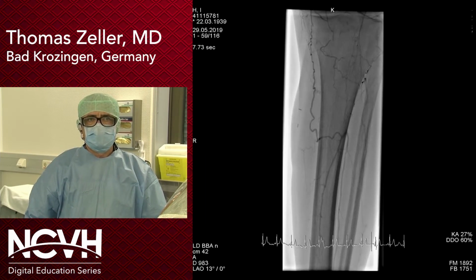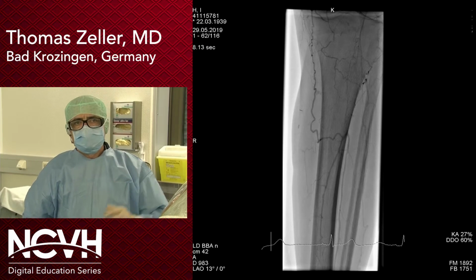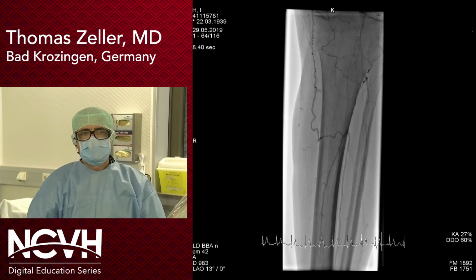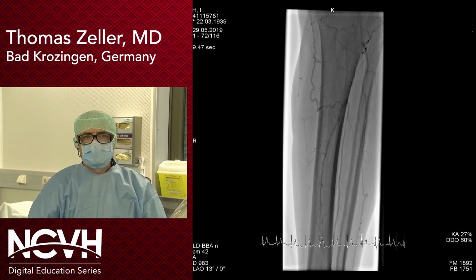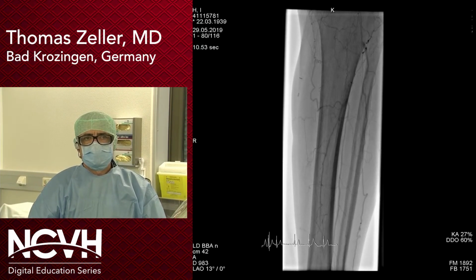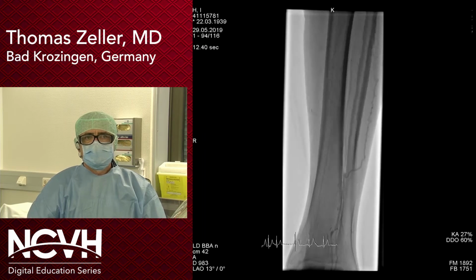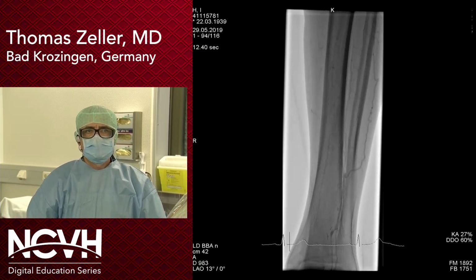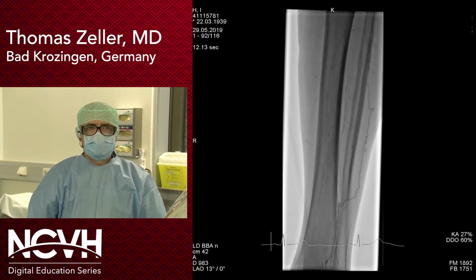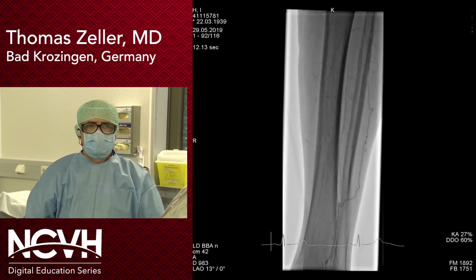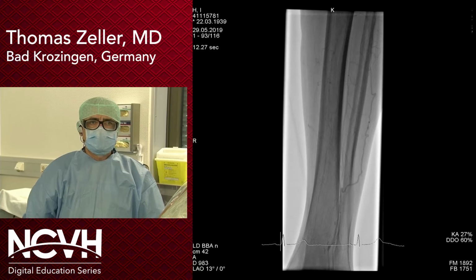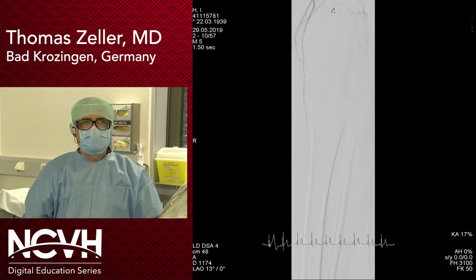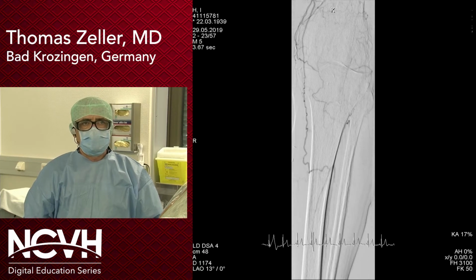Then we have here the reconstitution of the bifurcation of the peroneal and posterior tibial artery with an occlusion of the posterior tibial artery in the mid part of the calf, and the peroneal seems to be patent. And then we have a long collateral vessel which is anastomosed to the distal segment of the anterior tibial artery, which will be shown more clearly with subtraction angiography.